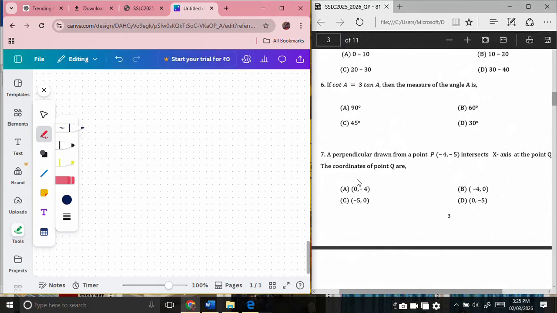Next, if cot A equals 3 tan A, then the measure of the angle A is what degree? Here you have to remember the standard value. If tan A equals root 3, this is the standard value.